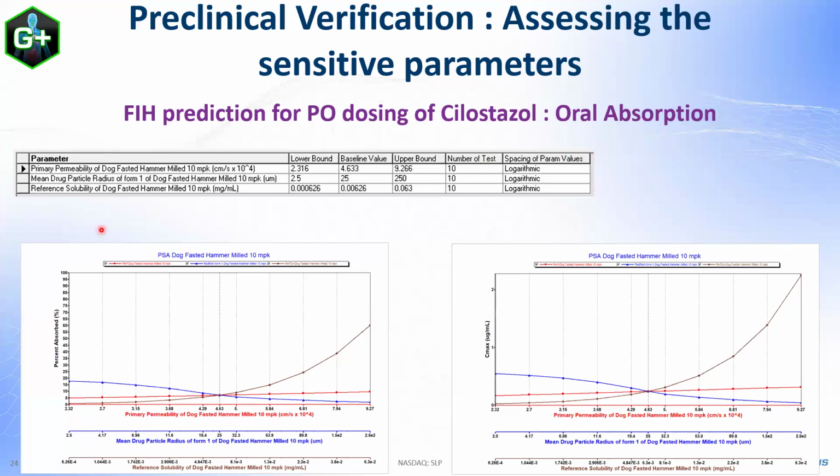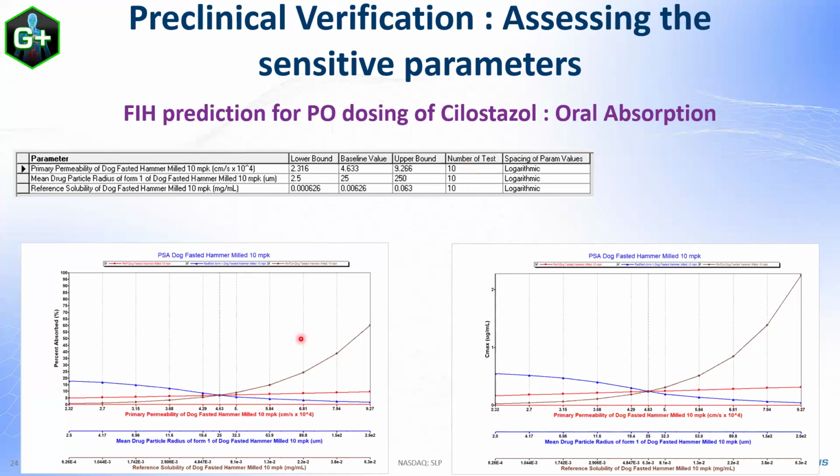I've picked 3 different properties: permeability, the drug particle radius, and the reference solubility, and set the lower and upper bounds to be tested around the baseline values that are already included in the model. We're going to look at 10 different values for each parameter.